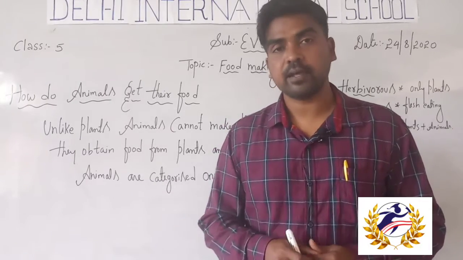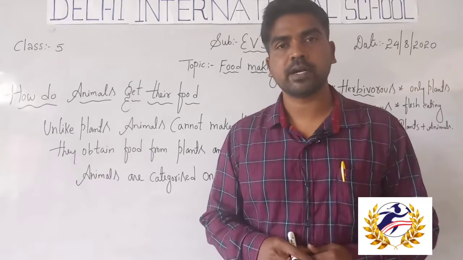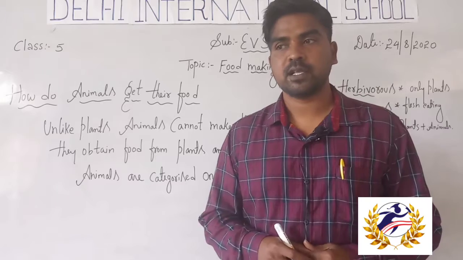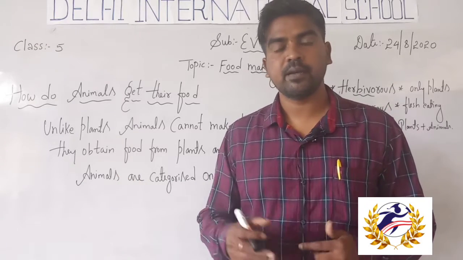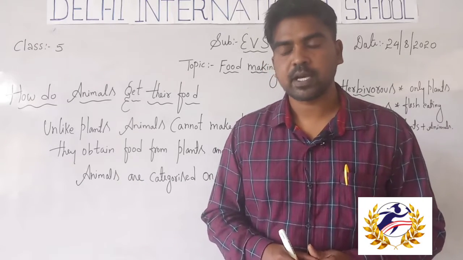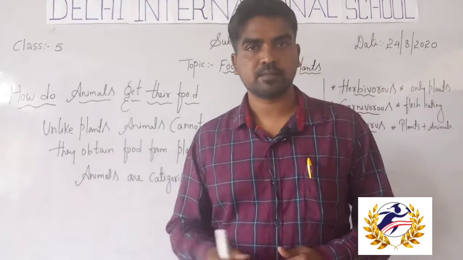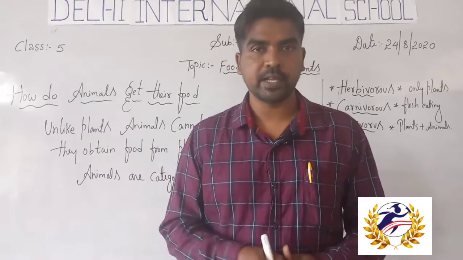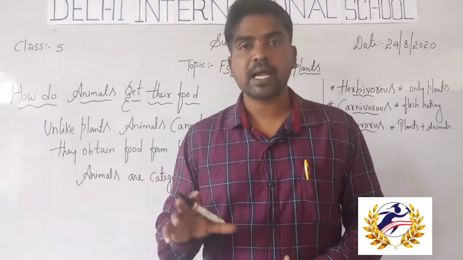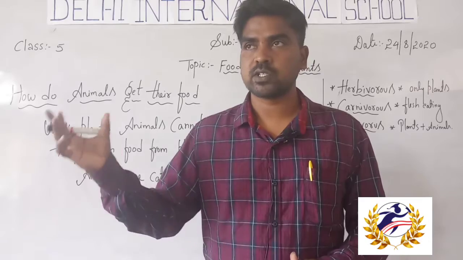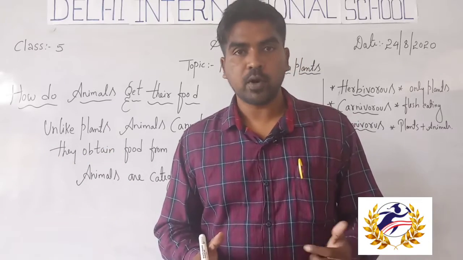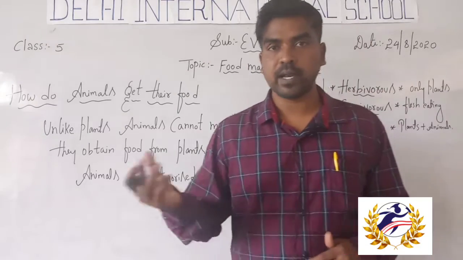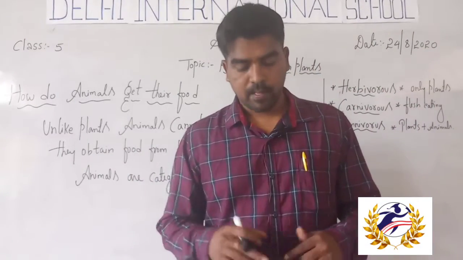We need some kind of sources, like vegetables and plants, or sometimes we depend on animals to fill our stomach and to get energy and minerals. Just like plants, it is not possible through just sunlight, water, oxygen or carbon dioxide. It is not possible to prepare our food like plants. So it depends upon other things.